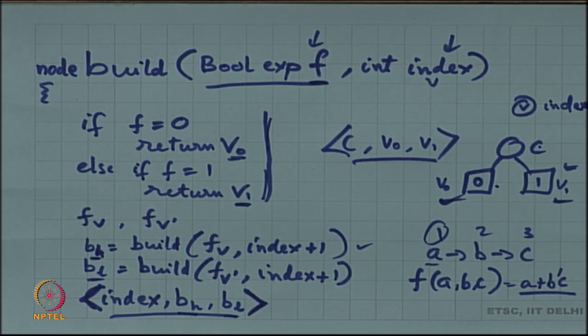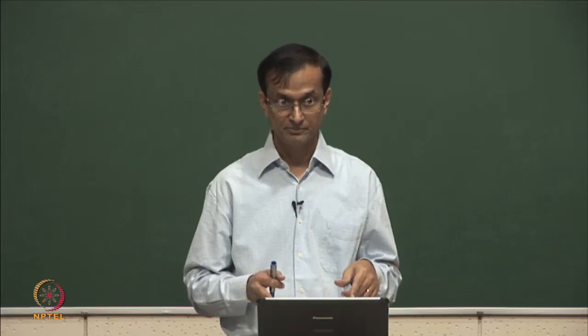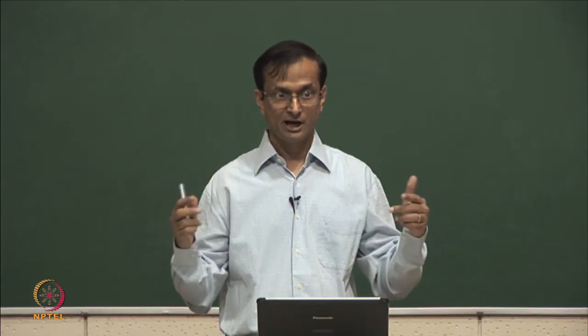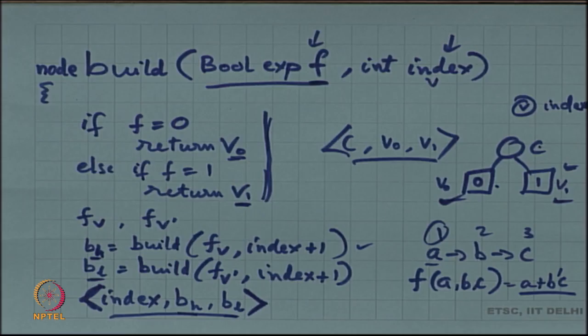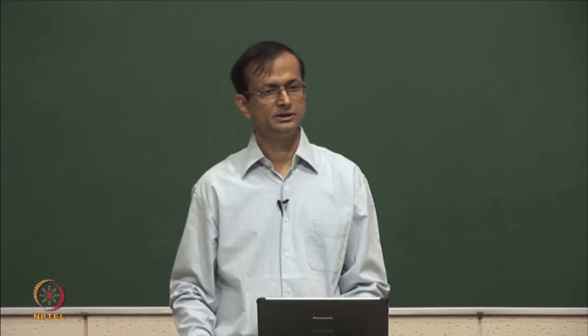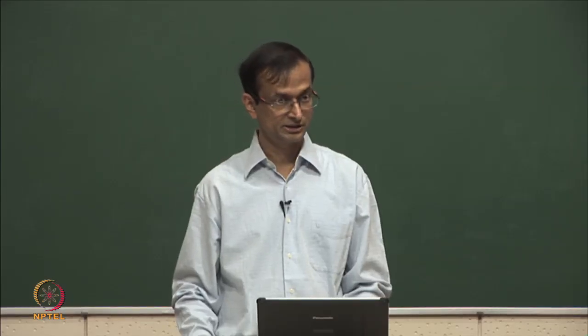The algorithm is clear. There are those two redundancies that we had. If you find it, then you do not build a new one, corresponds to which rule? There are two rules for redundancy removal. One of them is that the two children are the same. Other thing is that the two nodes are isomorphic. So, this thing of looking up in the hash table to find whether such an entry is already there is implicitly doing one of those redundancy checks.